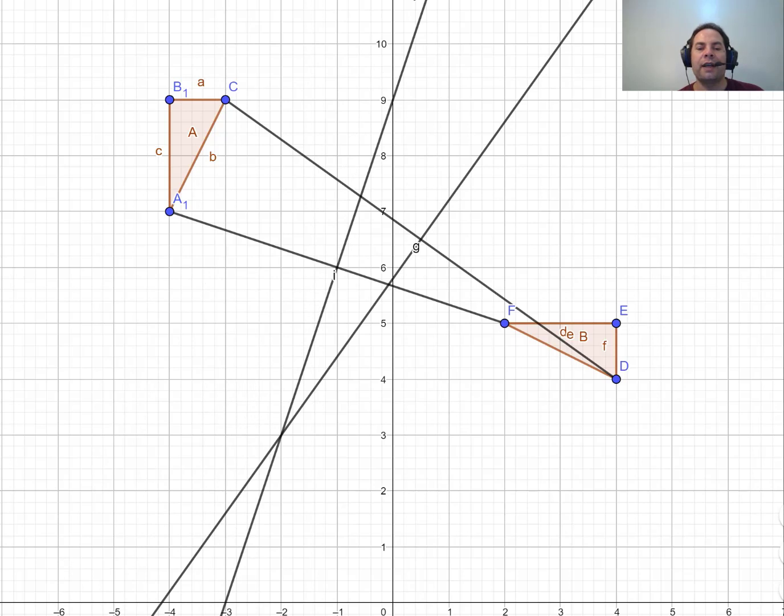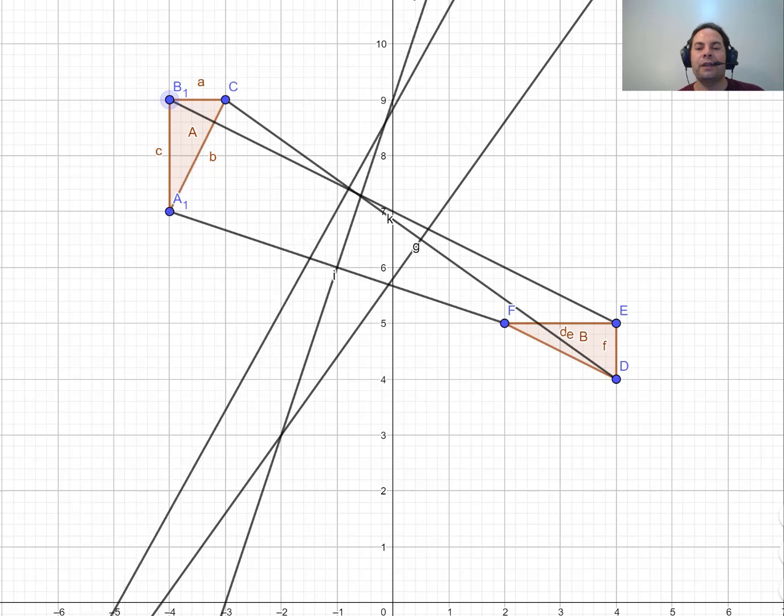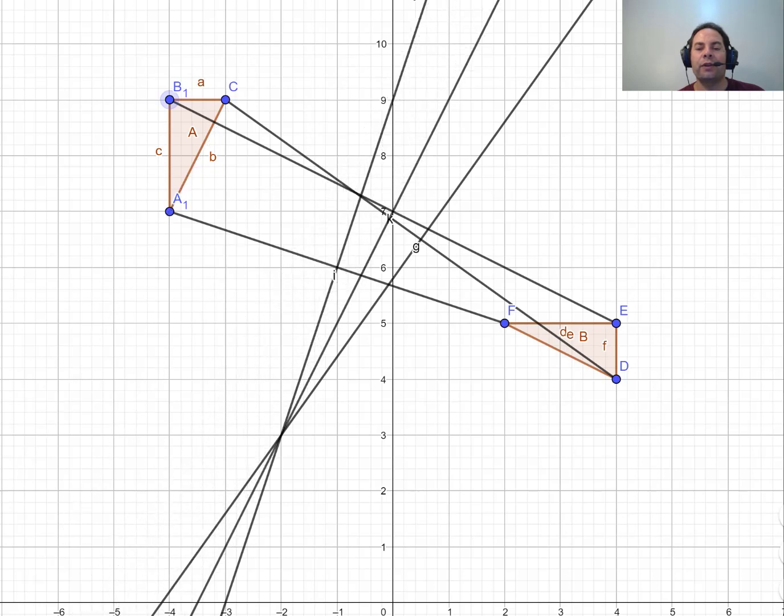They intersect at this point, which is -2 and 3. This is the center of rotation. If you try with the third point B with point E and draw the perpendicular bisector, it will intersect at the same point. So now it's a rotation 90 degrees with center -2 and 3, clockwise.